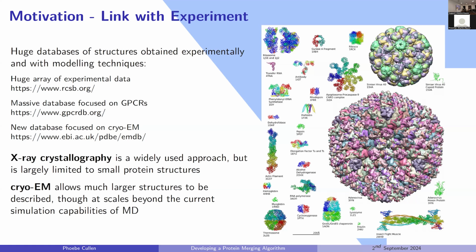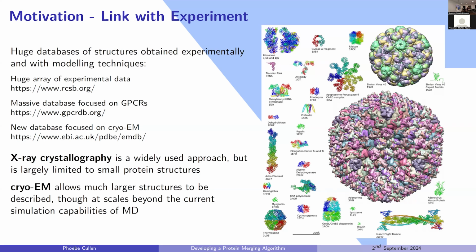However, due to issues with crystallizing larger proteins, this is largely limited to smaller structures. Cryo-electron microscopy, however, is not. It allows much larger structures to be described by flash freezing proteins to cryogenic temperatures before subjecting them to electron beams to create 3D reconstructions. The images produced using this technique, however, are far beyond the current simulation capabilities of MD.